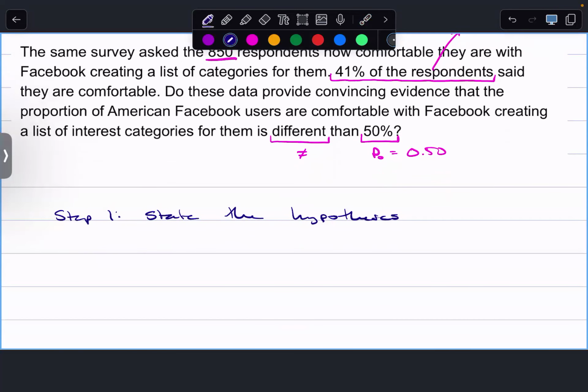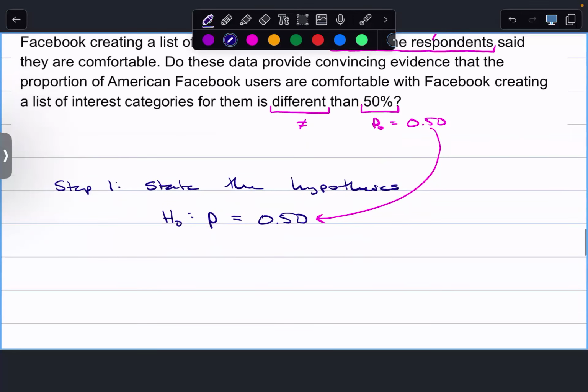it takes practice. So our null hypothesis is that p is equal to p naught, but p naught in this case is going to be 0.50. And so that goes here. How does the proportion compare to 0.50? You could do 0.5, but I think it looks weird.